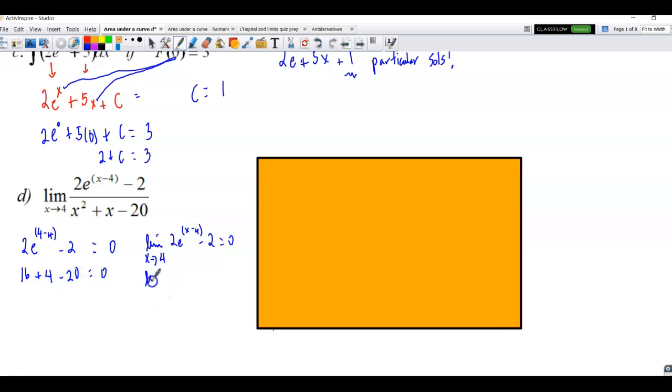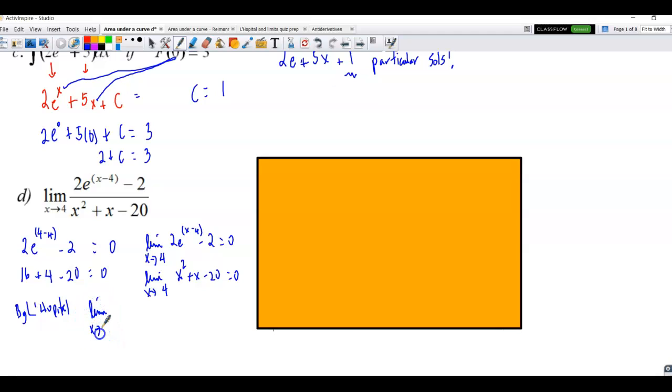So I can now safely say the limit as x approaches 4 of x squared plus x minus 20 is also equal to 0. So by L'Hopital, I'm going to take the derivative of the numerator.